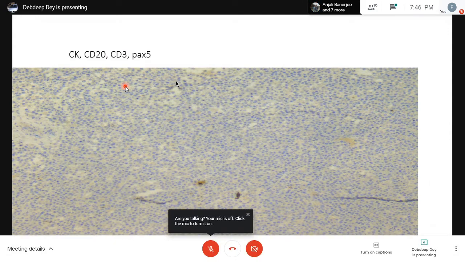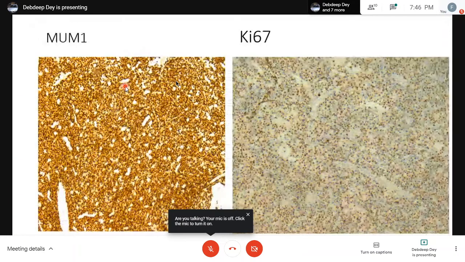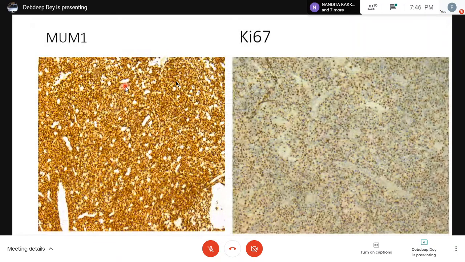You can do a CD45, but we thought we would start with MUM1. The MUM1 is positive. Now, MUM1 is a plasma cell marker. It can also be positive in B-cell lymphomas of the post-germinal center type, and there was a high Ki67 of more than 90%.